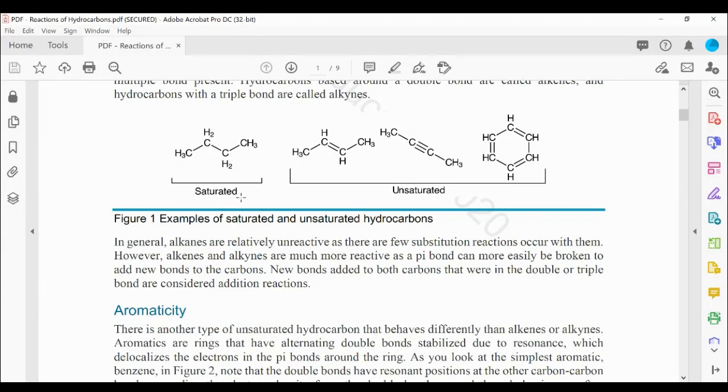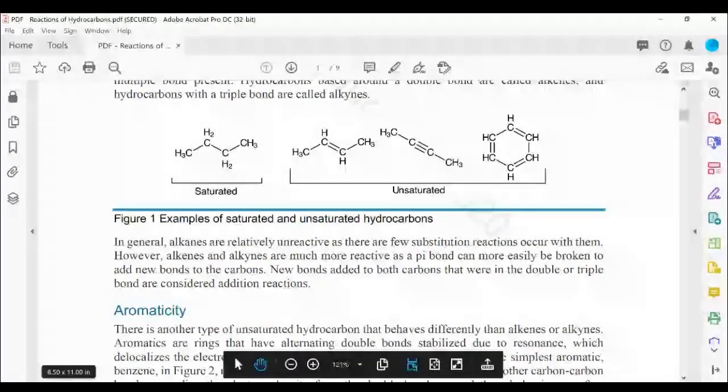And unsaturated hydrocarbons have at least 2 carbons with double or triple bonds. These are unsaturated hydrocarbons. So let me share a whiteboard to show you what I am talking about.